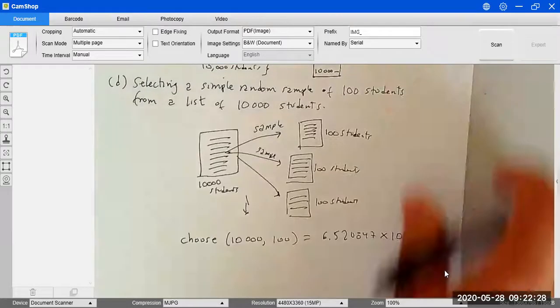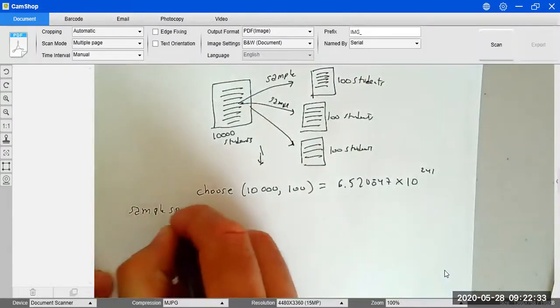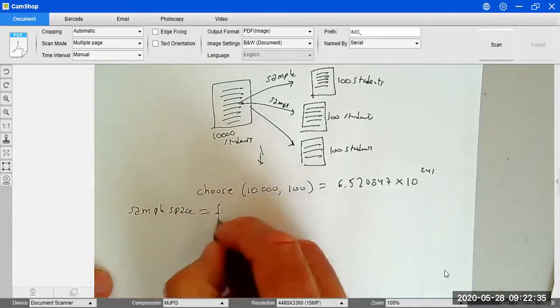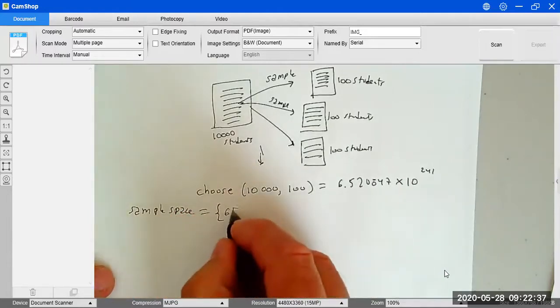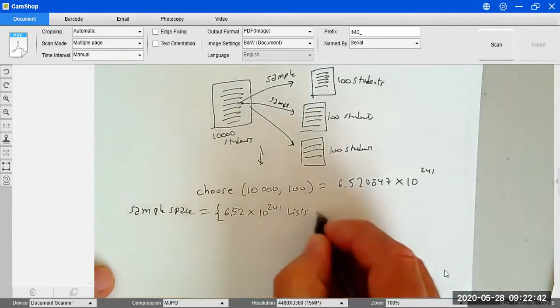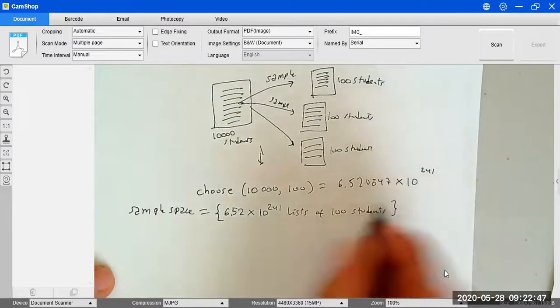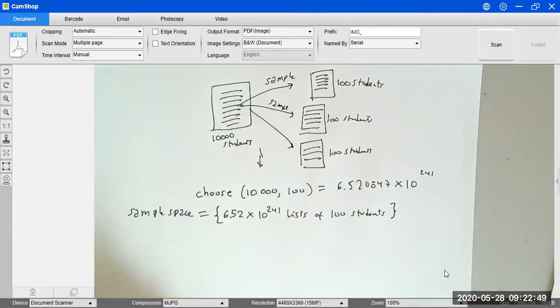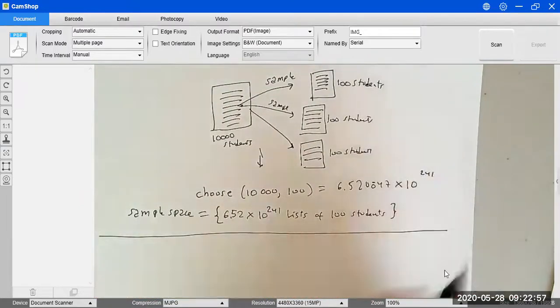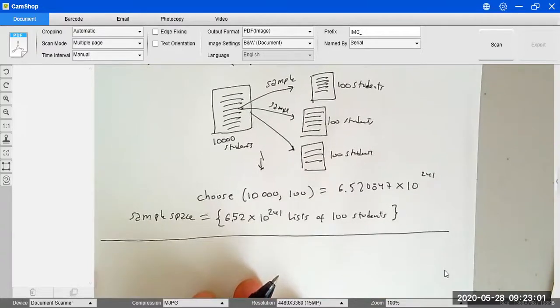So what is then the sample space? The sample space is gonna be just 6.52 times 10 to the 241 lists of 100 students, and all those lists are going to be different from each other. But yeah, this is just for you to understand the idea of sample space. So you need to read carefully the problem to know what is going to be the answer.